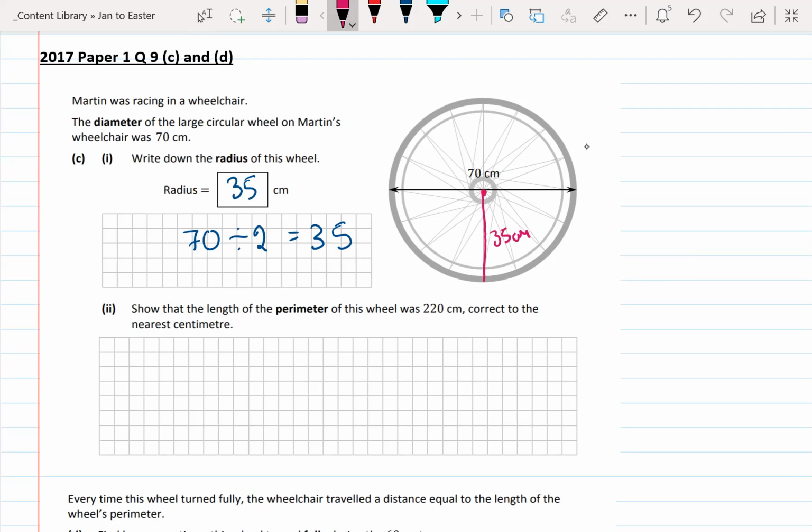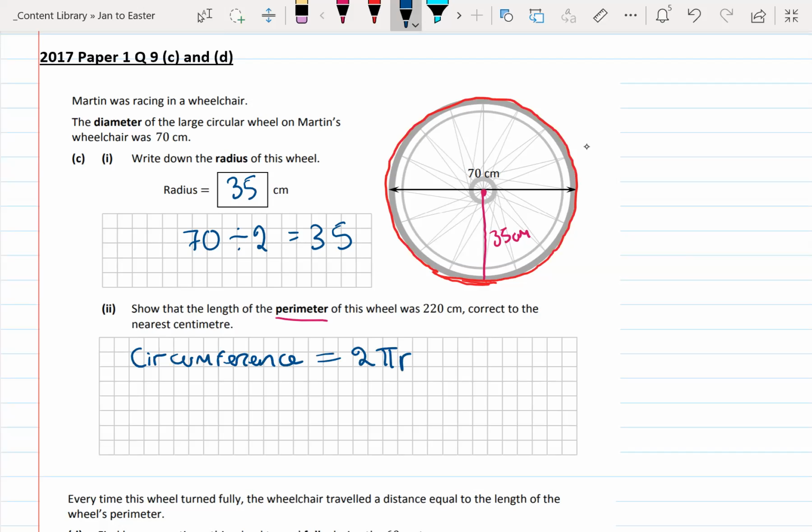Show that the length of the perimeter of this wheel was 220 centimeters, correct to the nearest centimeter. So if they're talking about the perimeter of a wheel, they are talking about the circumference of the wheel. So if this is a wheel, it has a tire. So you're talking about the length of the tire. So as I say, if we're talking about perimeter in a circle, that means we're talking about the circumference. And we have a formula for that, 2 pi r. 2 multiplied by pi multiplied by r.